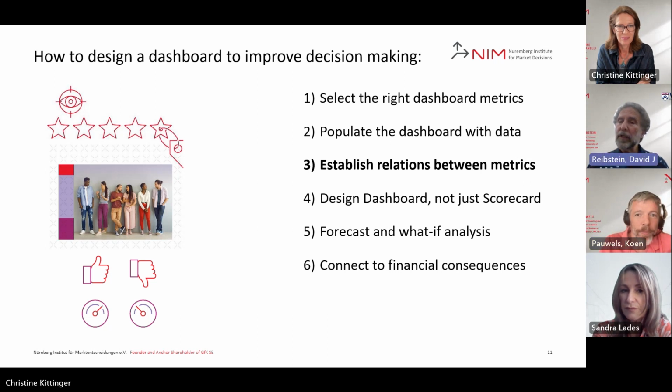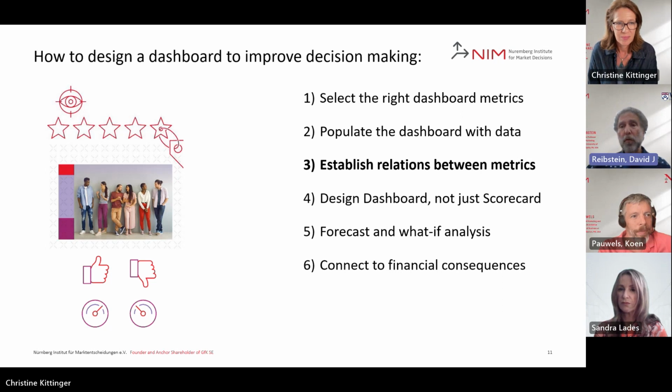And obviously, while I've been talking about the need for the interconnection between all the marketing measures on our dashboard, it's also essential that we connect it with what's going on financially. For us to have credibility within the rest of the organization, we have to know how marketing has an impact.